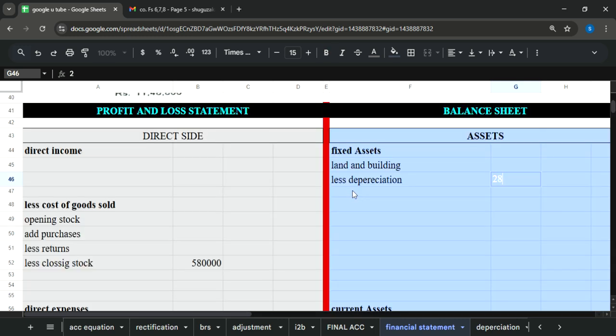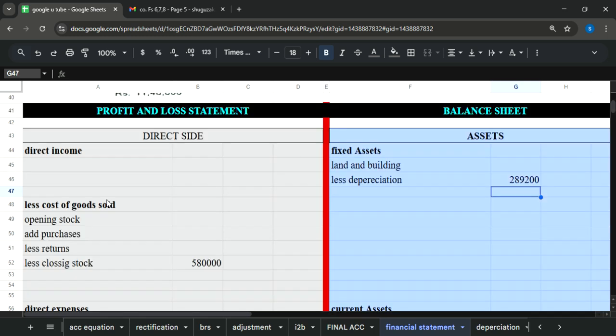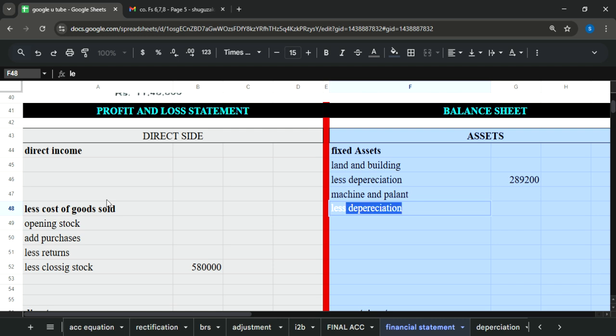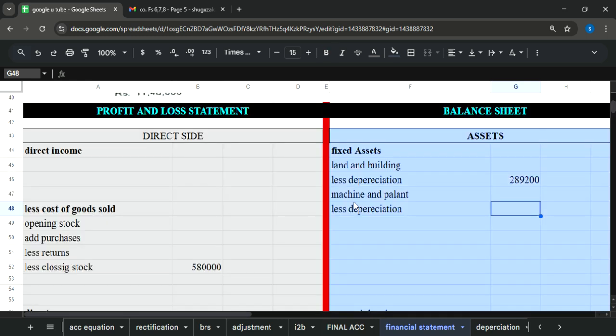So just write down 289,200 over here. Alright guys, so the second asset is machinery and plant. Write down machinery and plant, after which you are supposed to subtract its depreciation. So machinery and plant 309,300, mention in the asset side in front of depreciation.